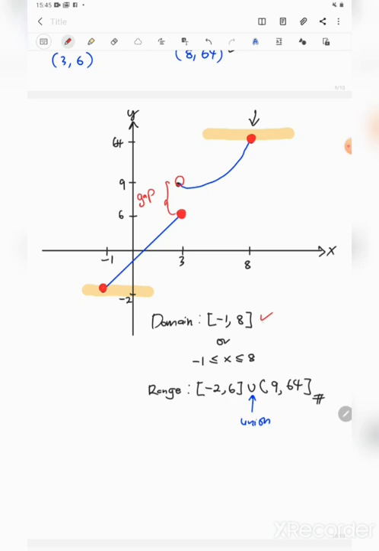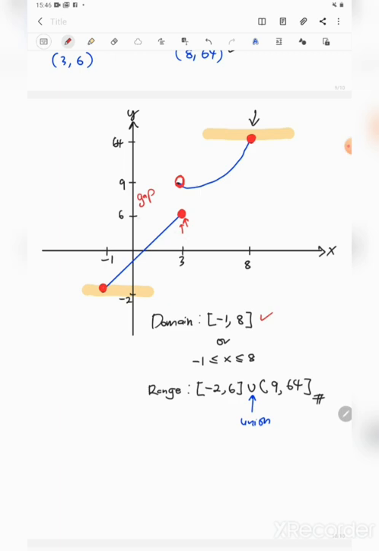Why? Because for the domain we read the x inputs, right? So even though we can see the graph separately, we have here the point 3. This one is a closed circle, and this one is open, but this point already exists, so we know that the graph is continuous.